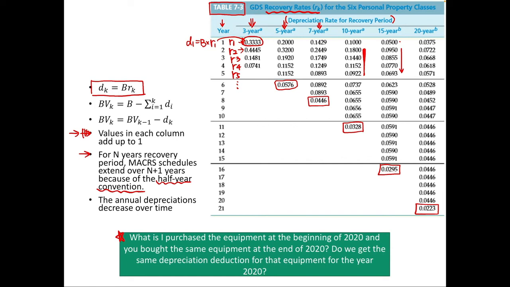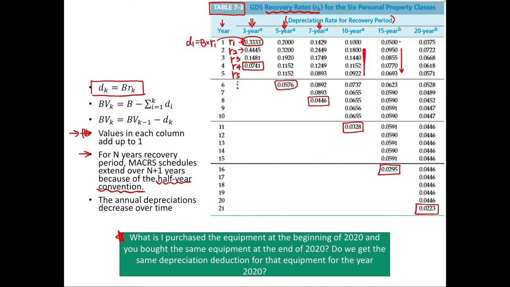How? Well, that is why we have an additional row for each column in this table. Okay, so you see, for example, for the 3-year column, the R4 is just a tiny bit, right? And that tiny bit is used to make up for the business who loses the half year depreciation deduction in the first year.